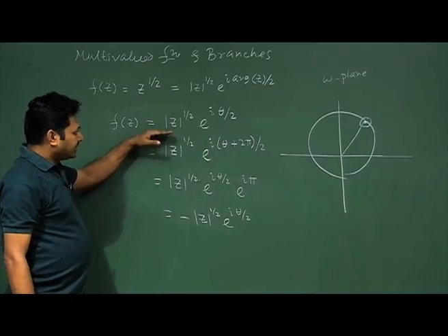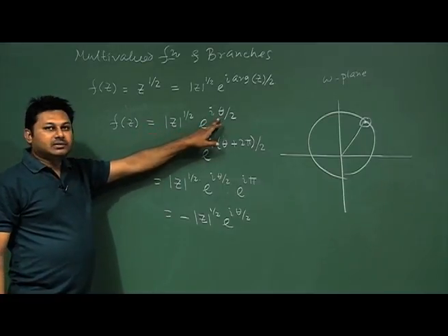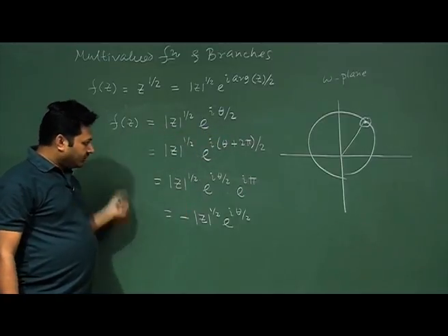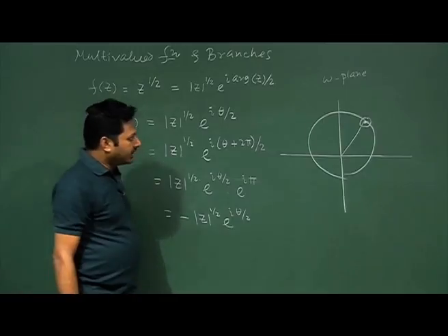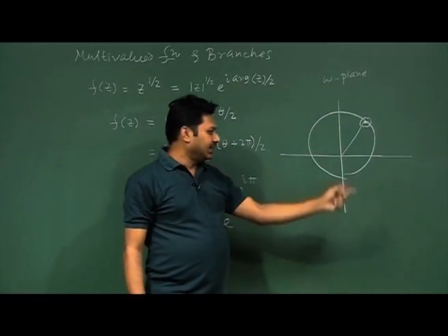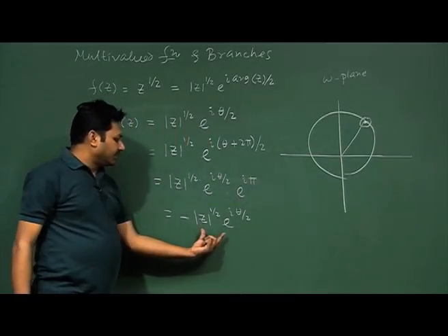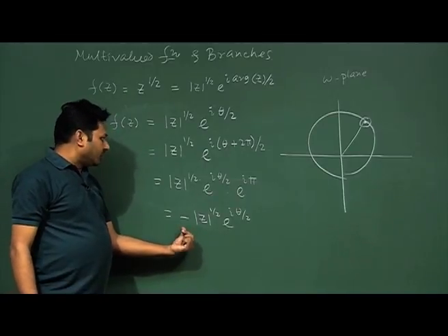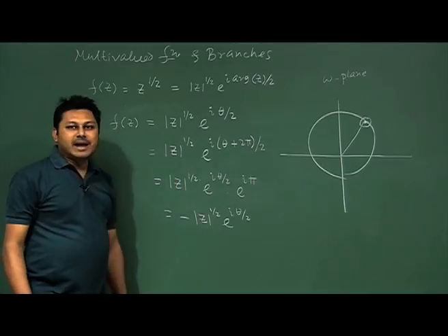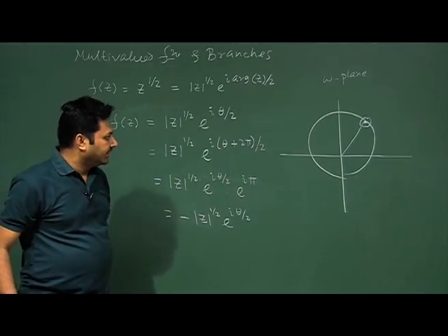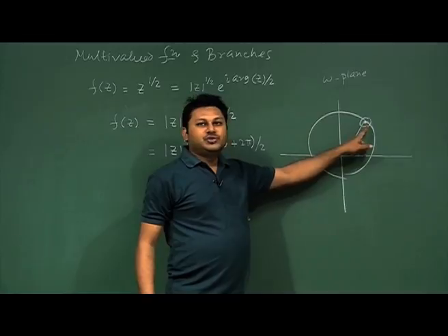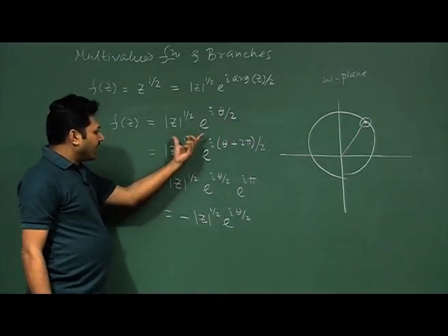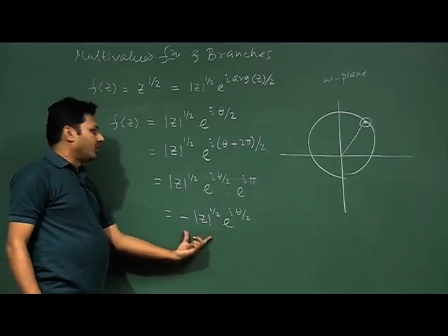In the first case, if I take my principal theta, I have one value, but if I rotate another 2 pi so that I can cover the entire range in the w plane, I will have a negative value. These two are a little ambiguous, because I have the same z point, and in the first case I have one value and in the second case another value.